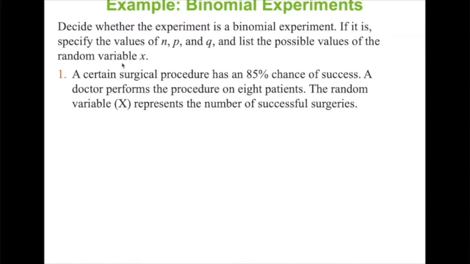Okay, let's take a look at this case. Number one, a certain surgical procedure has an 85% chance of success. A doctor performs the procedure on 8 patients. The random variable x represents the number of successful surgeries.